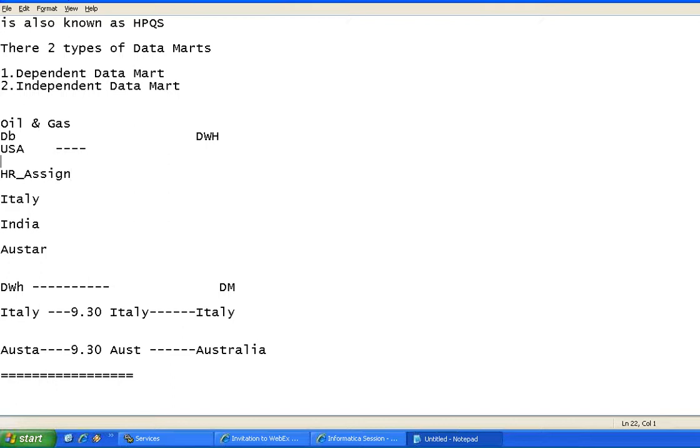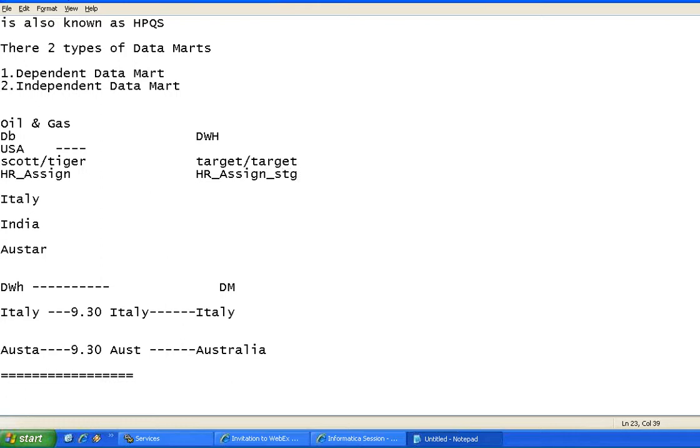Right. So this will be in one schema. Let us think it is in the Scott Tiger schema. So when loading the data into this data warehouse, I may load it into another schema. Let us think some target is the name of my schema. And in the data warehouse, I'm using some table like this. HR assignment is my table here.